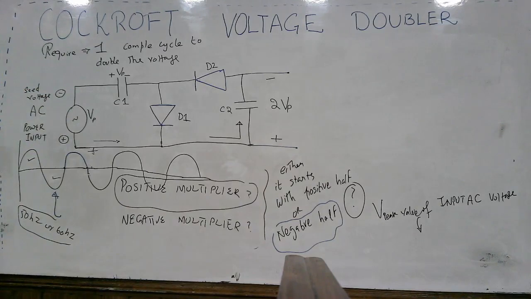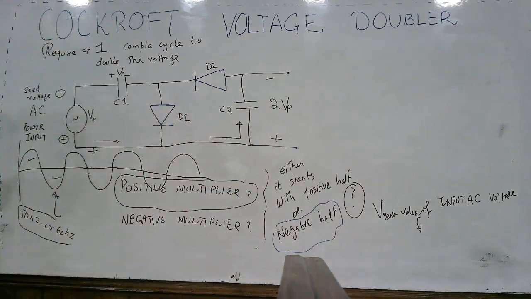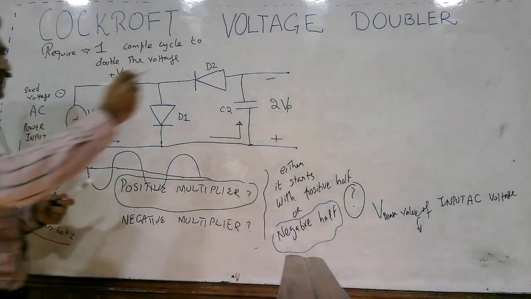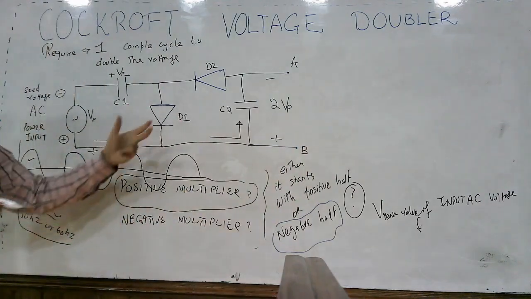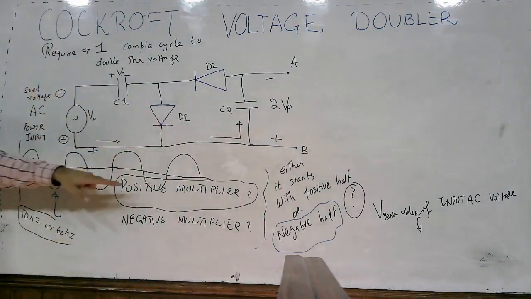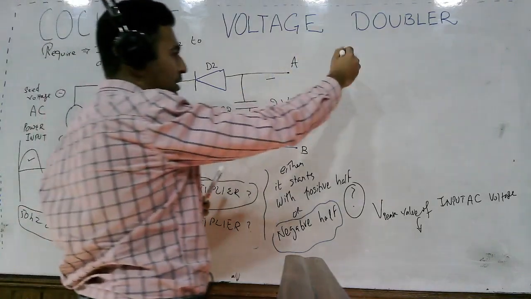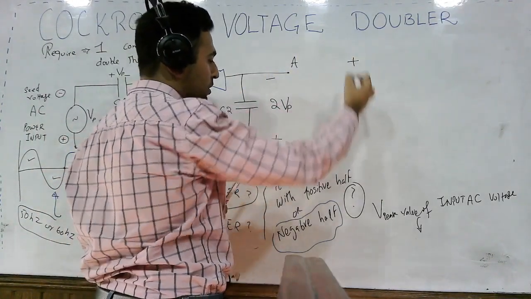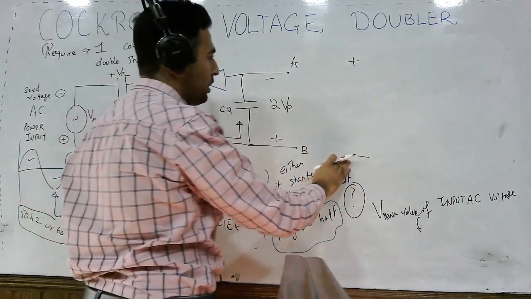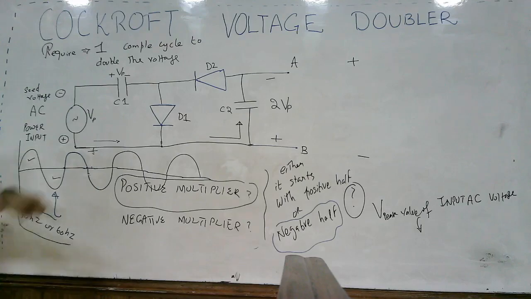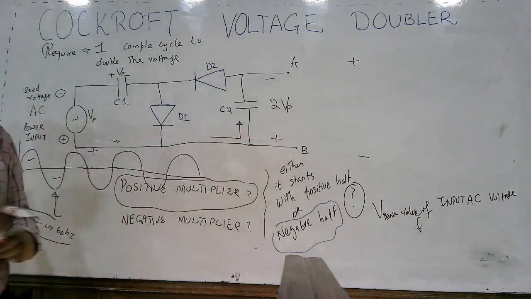One more thing. This is the negative multiplier, because let's say these points are marked as point A and point B. If it is the positive multiplier, as we have seen in our previous case, the polarity at point A was positive and the polarity at point B was negative. But now here this is different. The polarity at point A is negative and the polarity at point B is positive.